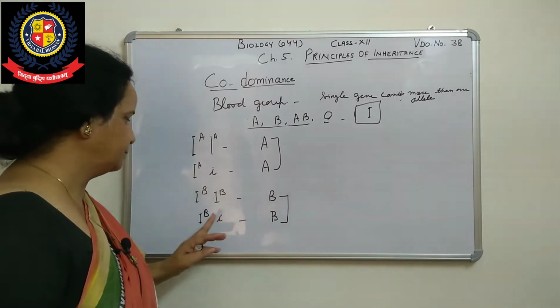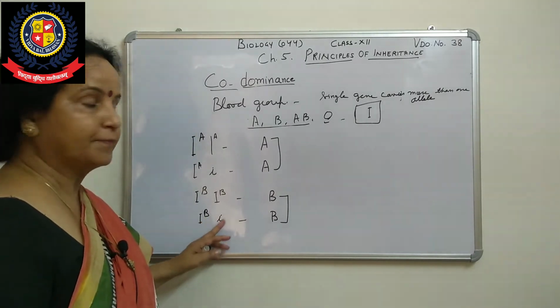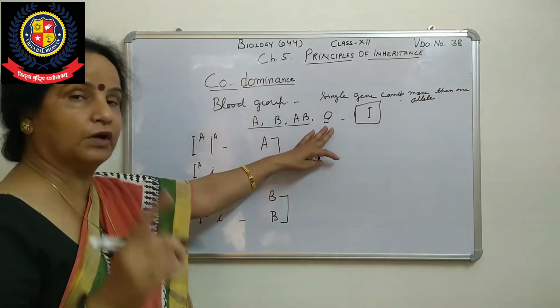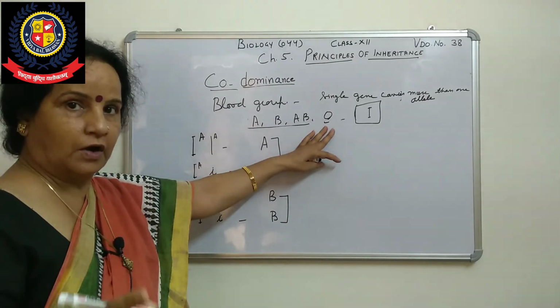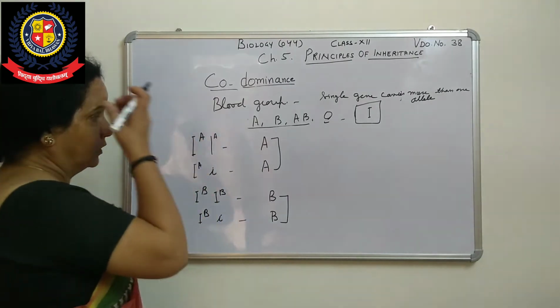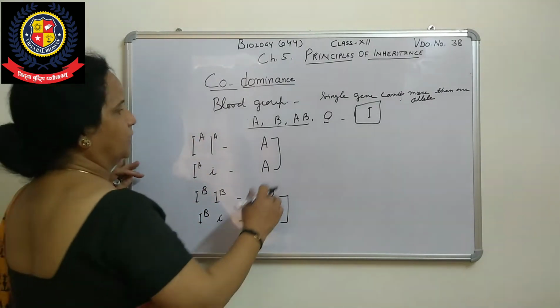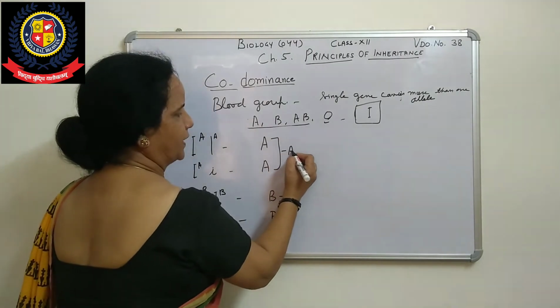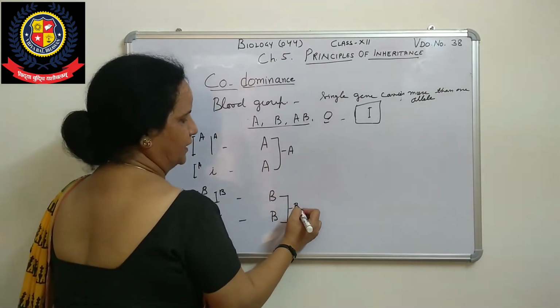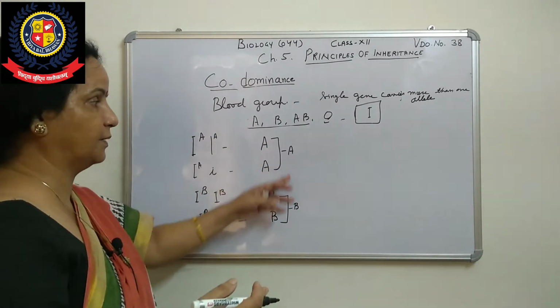In both cases B is dominant over O, because that blood group will show only when it is homozygous recessive. So now we have four genotypes, 1, 2, 3, 4. And blood group A, then blood group B, these are two phenotypes.